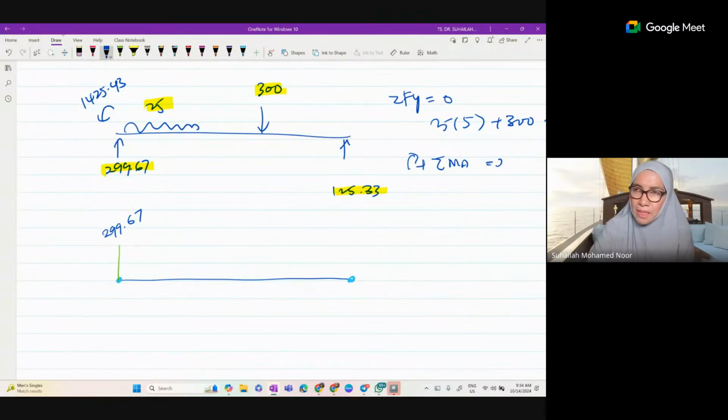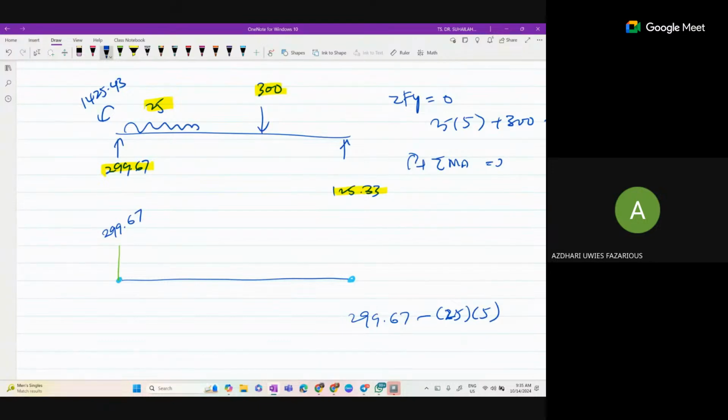Lepas tu kita jumpa 25 UDL times 5. We will minus. Okay, cuba kira 299.67 minus 25 times 5. Apa nilai yang you all dapat? 174.67.